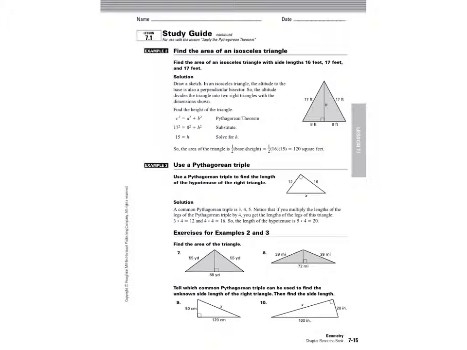You will also have to find the area of a triangle. So you will have to find the missing piece first and then find the area of the triangle. Remember, the formula for area of a triangle is 1/2 base times height, or you can memorize it as base times height divided by 2.